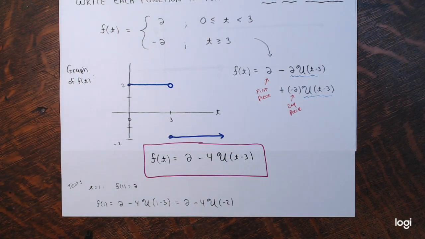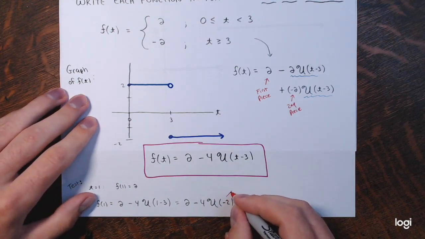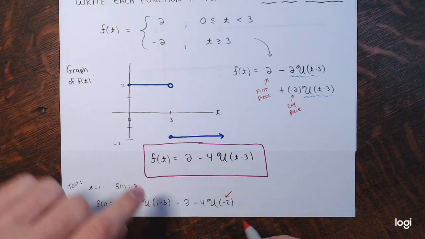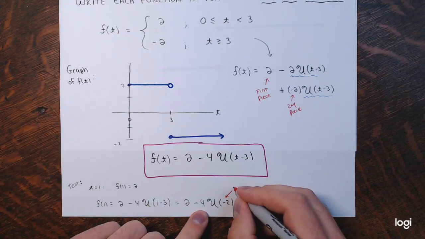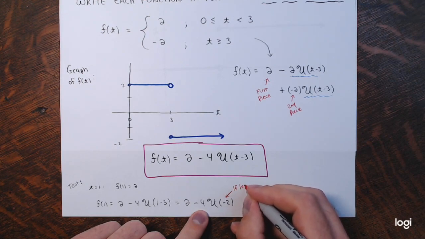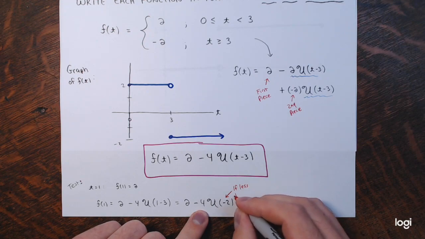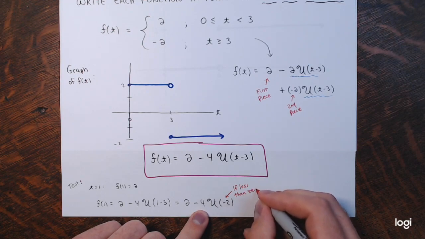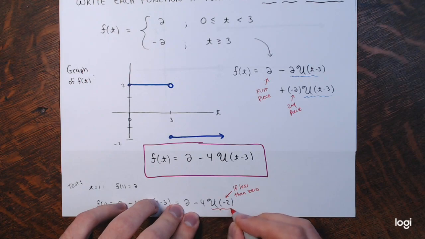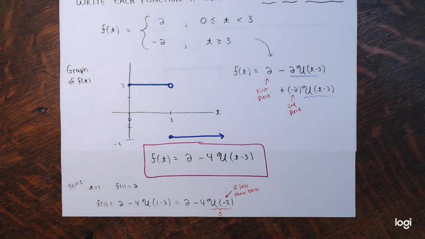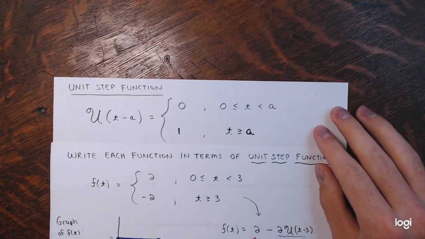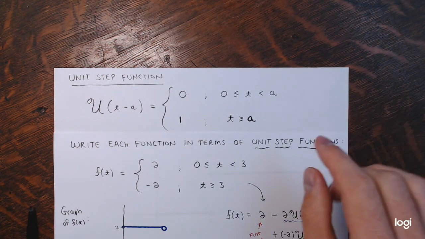So, basically, if the input of the unit step function after you plug in some value is less than 0, then this is going to be equal to 0. And if it's greater than or equal to 0, then the output for the unit step function is 1. Kind of again going back to our definition of the unit step function.